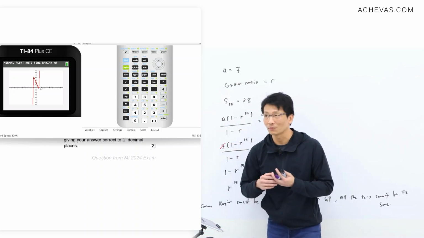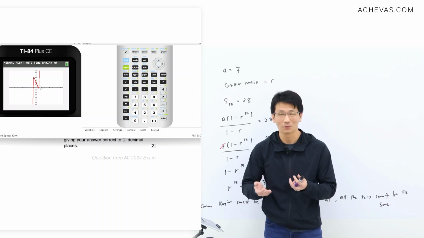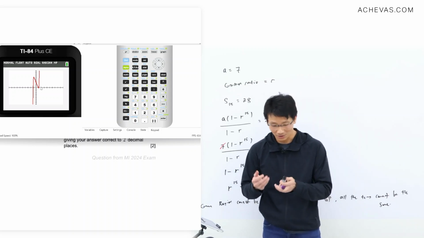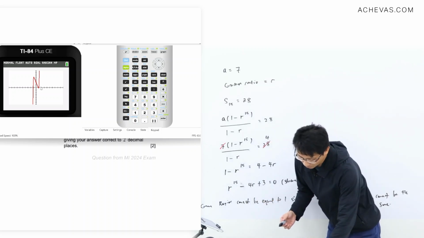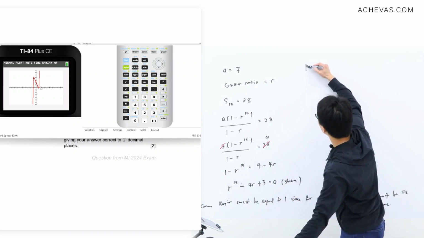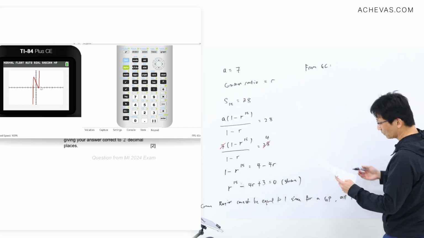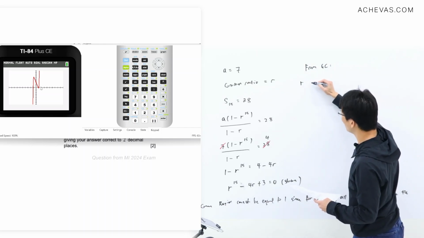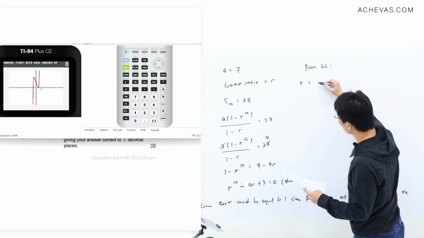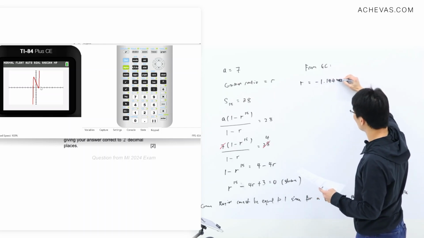We can make use of the zero function, or we can use the intersect function to find the values for the common ratio. Just by using GC, I should be able to determine the values of R, and it will give me 3 values. One of the values is -1.1445.